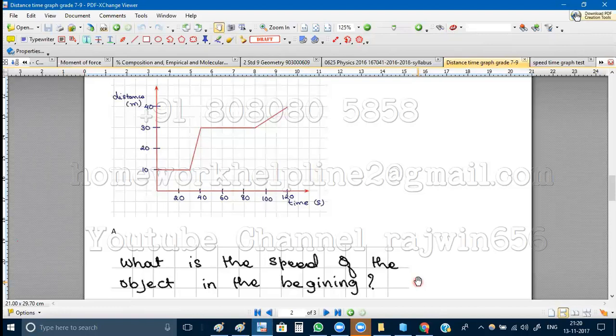The beginning part is this part. The value of distance is not changing. It means it is at rest. The speed is 0. Distance is not changing, it's remaining 10 only. Distance not changing means speed 0.